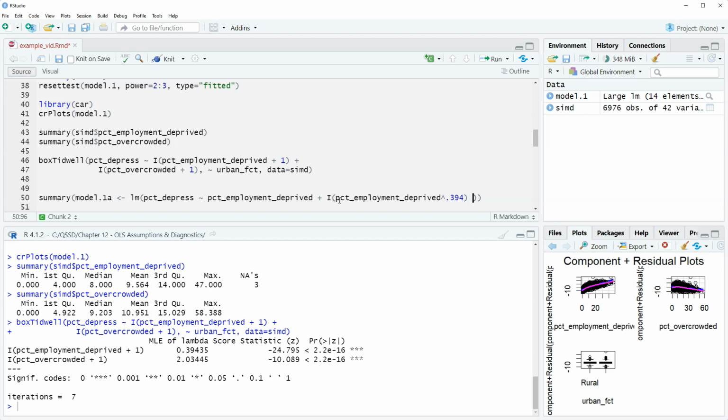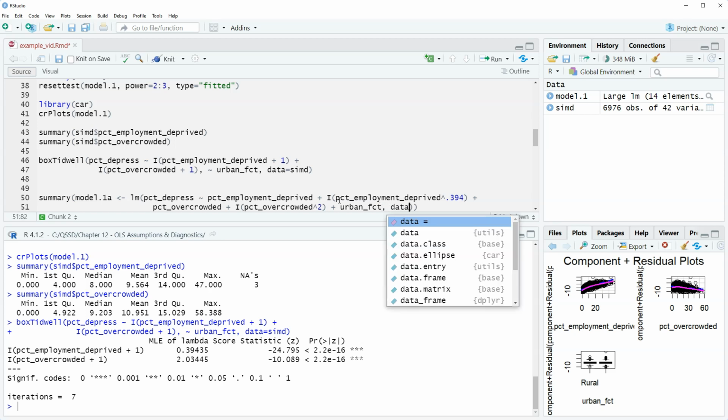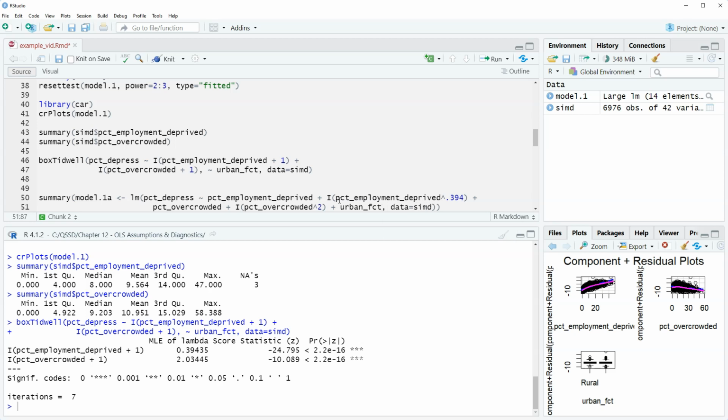All right, so outside of that, plus percent overcrowded, and then plus the I function, percent underscore overcrowded, raised to 2. Okay, sorry, I'm just being careful, a lot of stuff going on here. Plus urban underscore FCT. I think that looks good. Right, and then comma, I feel like I'm doing something wrong here. Data equals SIMD.